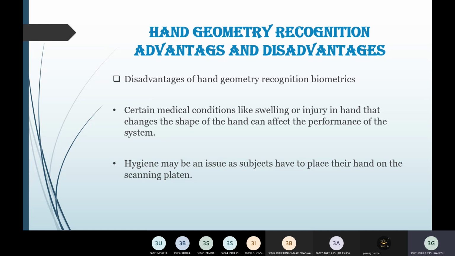It is also not hygienic, as hygiene may be an issue when subjects place their hands on the scanning platen. As right now we are facing a pandemic situation like coronavirus, everyone thinks twice before they place their hands on the scanning platen.